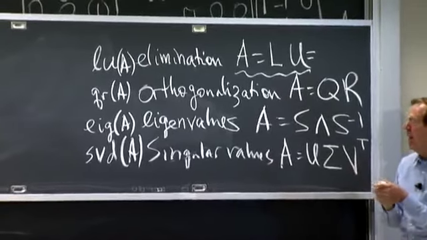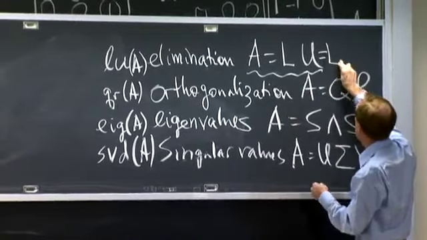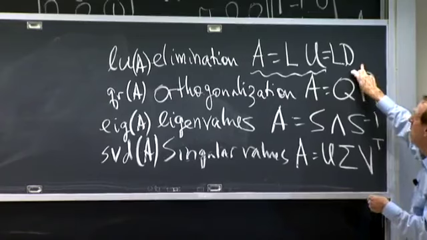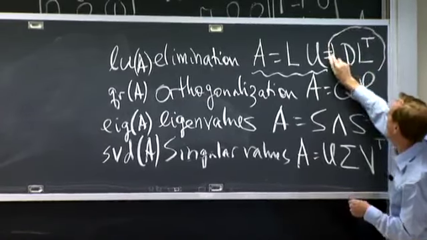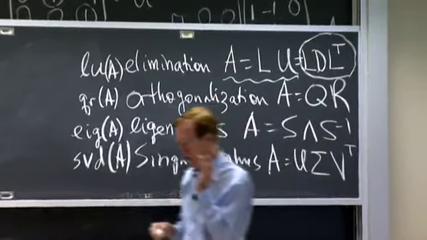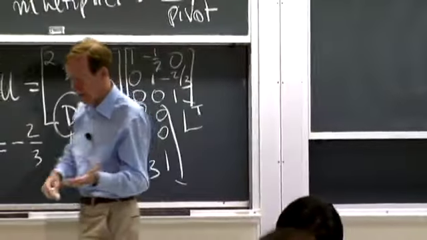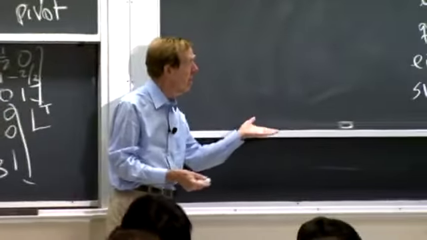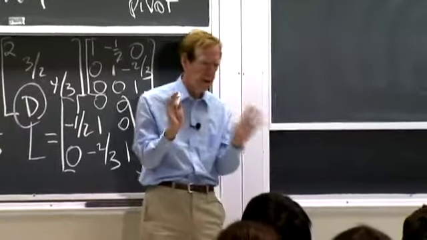In the case when A is symmetric, I have the L, I'm factoring out the D, and what's left is L transpose. I hope you like L D L transpose. Seeing a matrix on one side and the transpose on the other side, the matrix L at the left and L transpose at the right is just right.